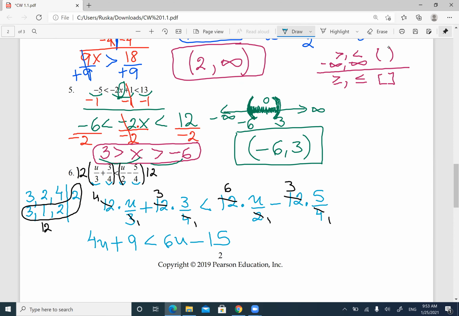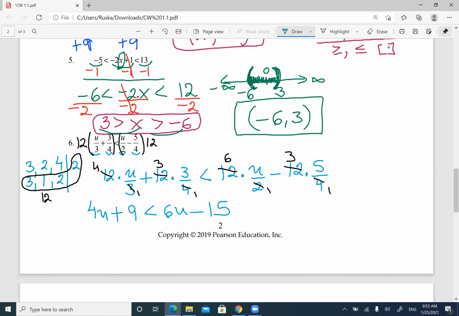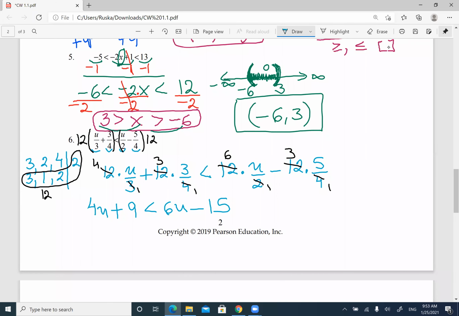We can just move the u's to the same side, the numbers to the other side. So where do you want to move u, to the left or to the right? We're going to move 4u or 6u. Doesn't matter. Pick one. Okay, fine, so you want to subtract 4u.